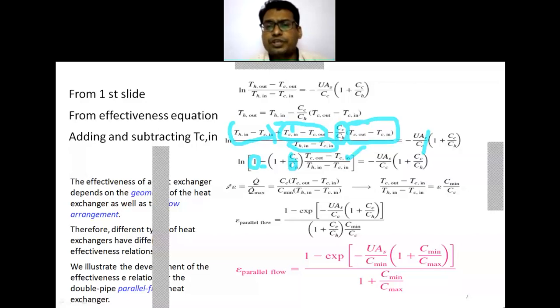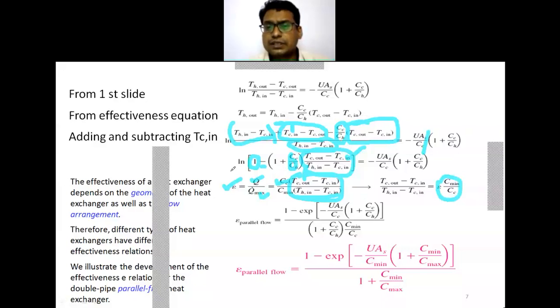Now the epsilon, which is the actual heat transfer upon maximum possible heat transfer for the cold fluid, I can write this equation: Tc out minus Tc in upon Th in minus Tc in. So these equations are the same, and this can be replaced as epsilon C minimum upon Cc.